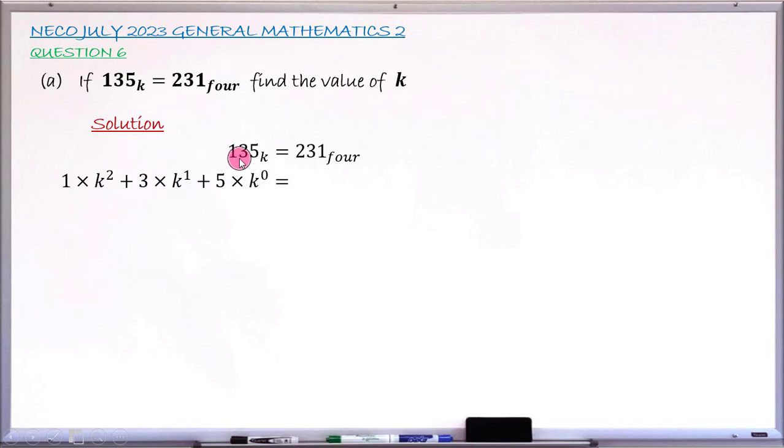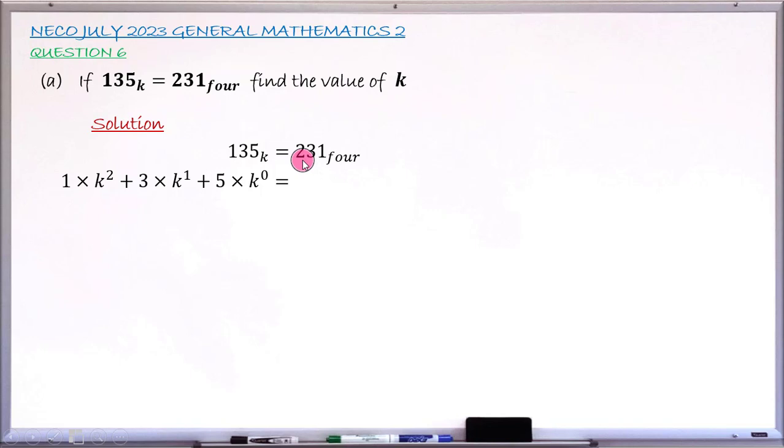We take each and every digit and multiply it by the appropriate power of the given base. In this case, the base is k. So this will be k power 0, k power 1, k power 2, like that. So I move to the right-hand side. The right-hand side, 231, which is in base 4, also change it to base 10.